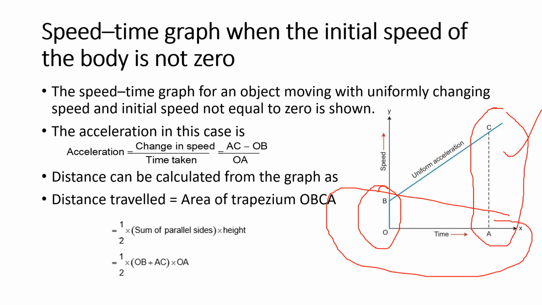Distance can be calculated from the graph as distance traveled equals the area of trapezium OBCA, that is equal to 1 by 2 sum of parallel sides into height. And what are these parallel sides? OB and AC. So 1 by 2 multiplied by OB plus AC multiplied by OA, that is the height of this trapezium.